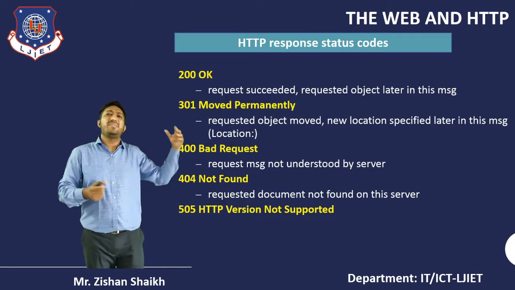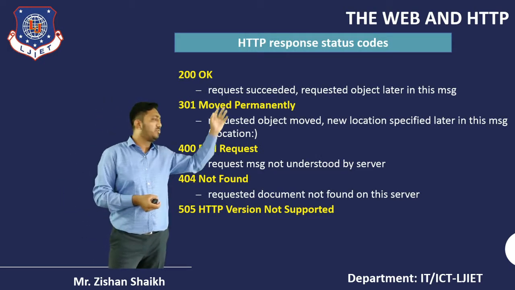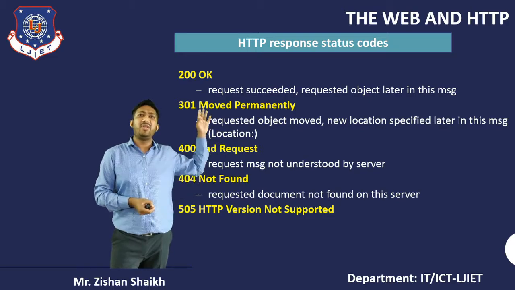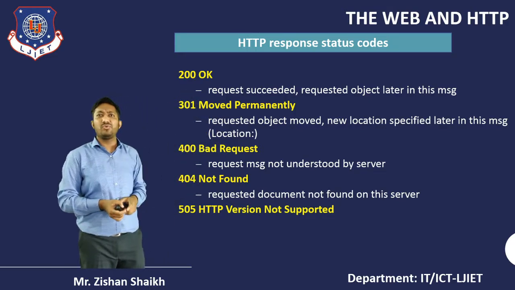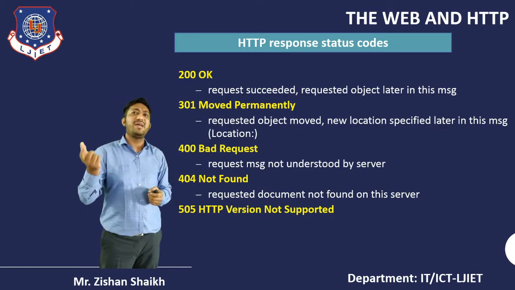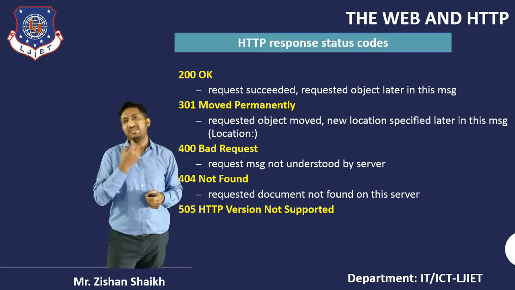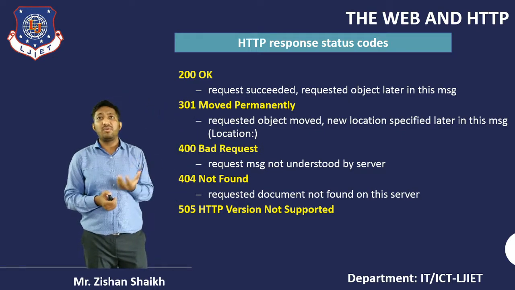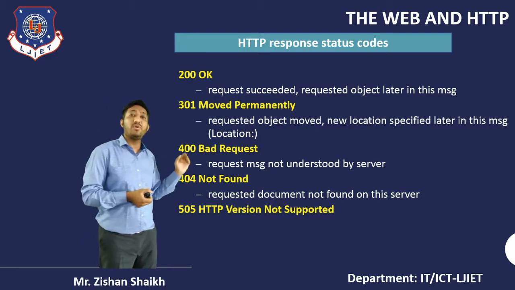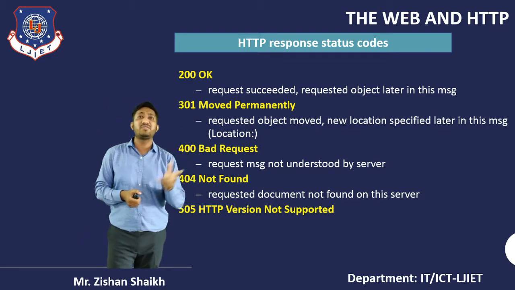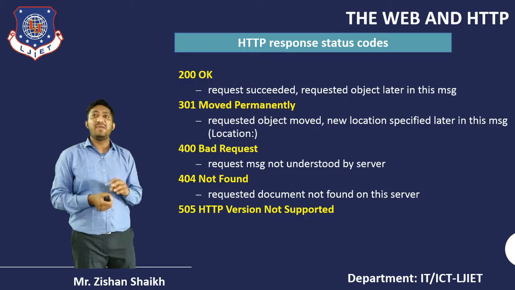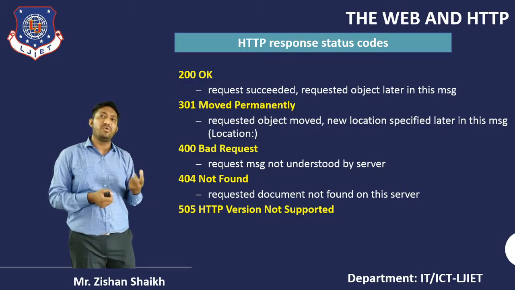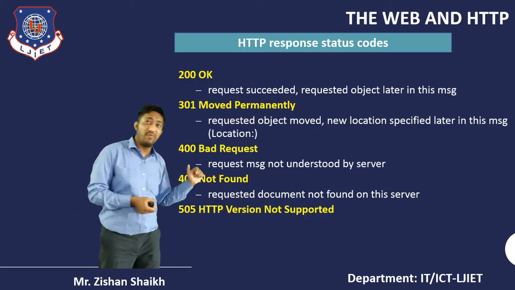What other response codes are used by our response message? We already saw 200, which is OK: the requested data was successfully received. Sometimes you also see the message 404. When you request a page and it is not available, the browser tells you 404, file not found.